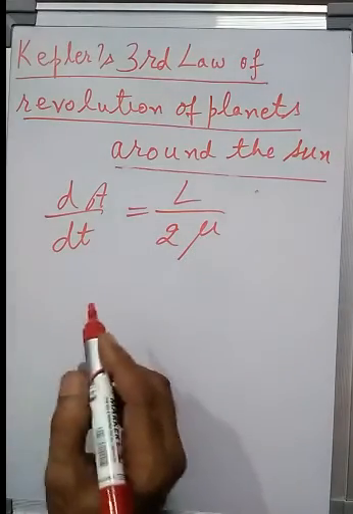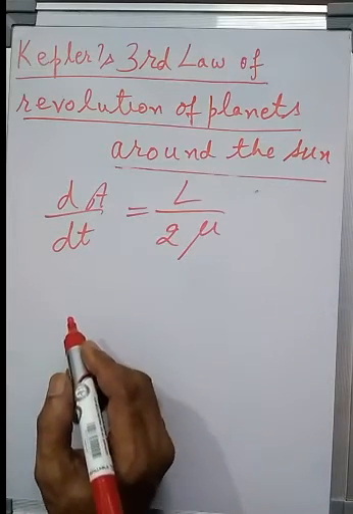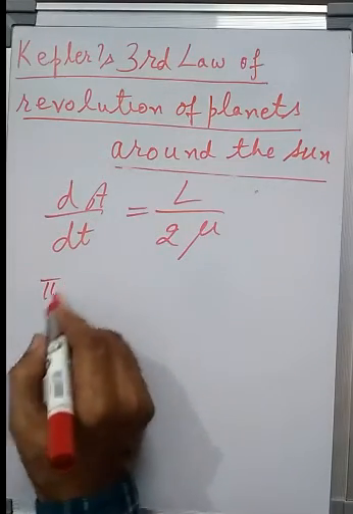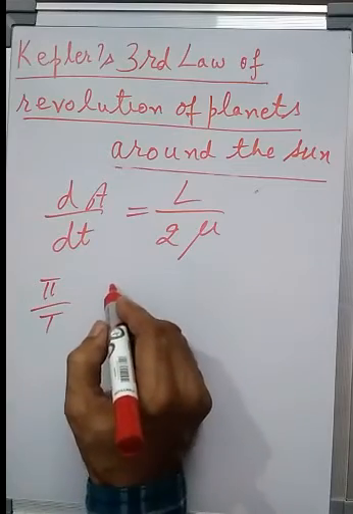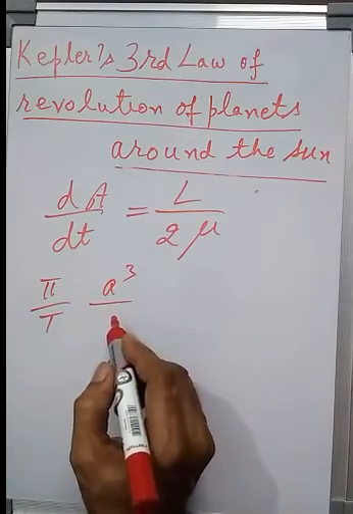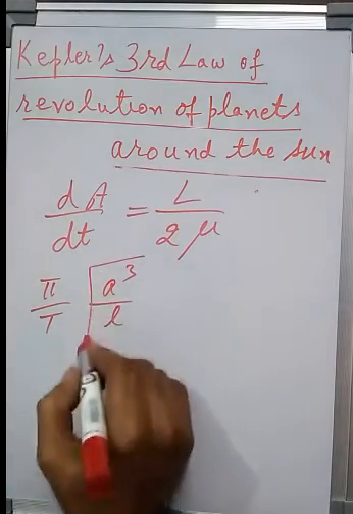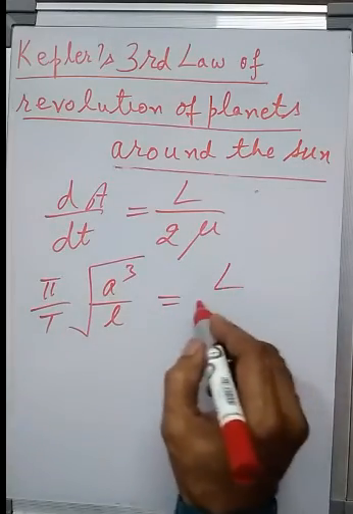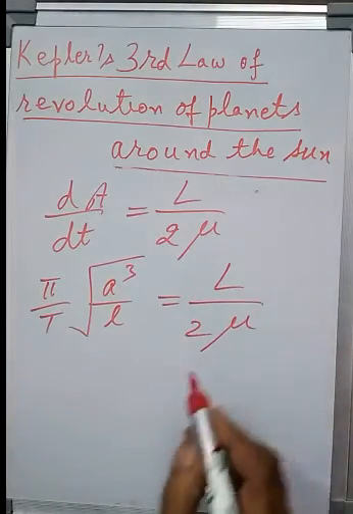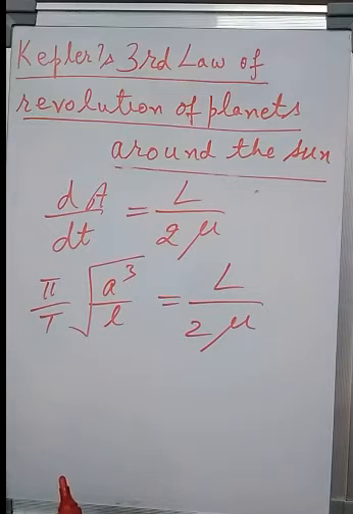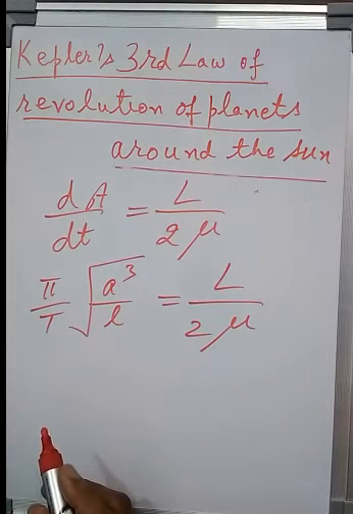If I compare the two values of dA upon dt, I can write pi upon T times the square root of a cubed upon l equal to capital L upon 2 mu. Capital L is angular momentum and small l is a constant.